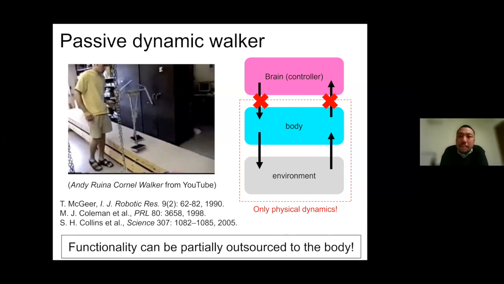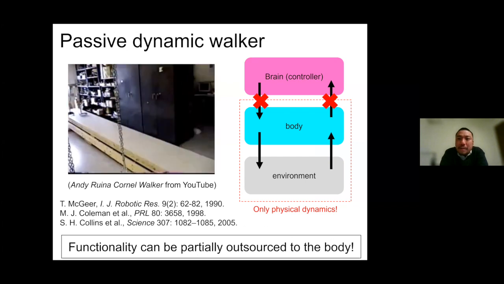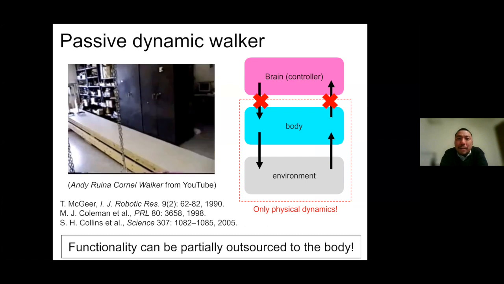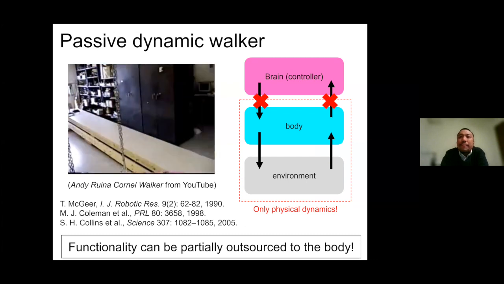And let's see a very famous extreme example to confirm the importance of this concept. This is the passive dynamic walker, a very famous benchmark platform of this community. We have extremely natural walking behavior, but astonishingly, this robot does not have a controller. It has a well-designed body and a well-designed environment.